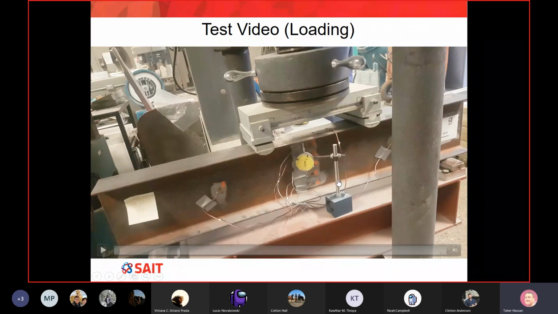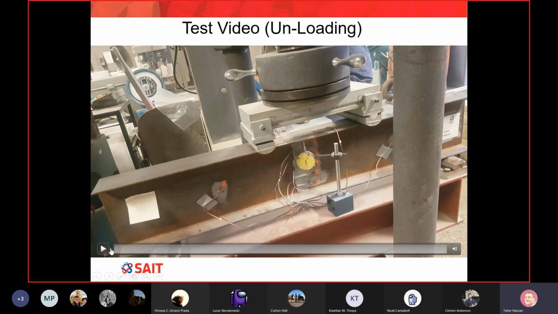So this is the loading part of our test.